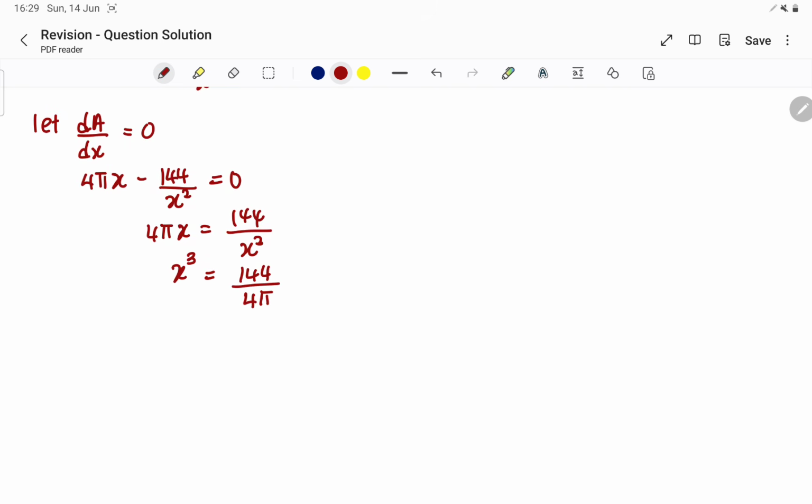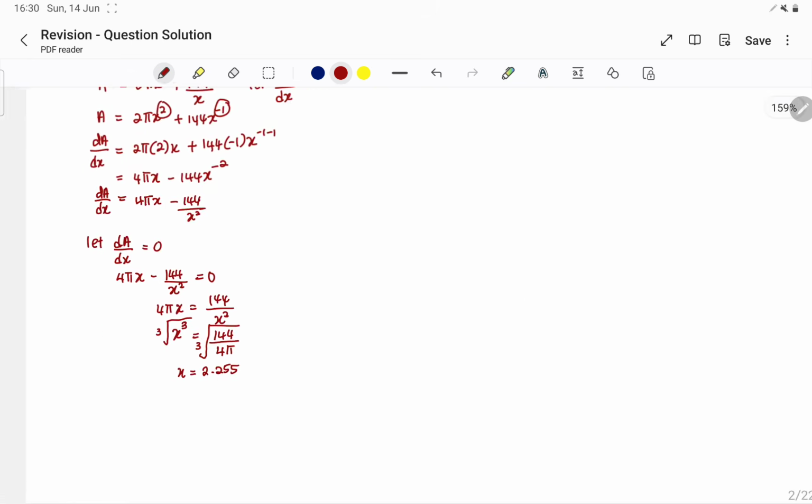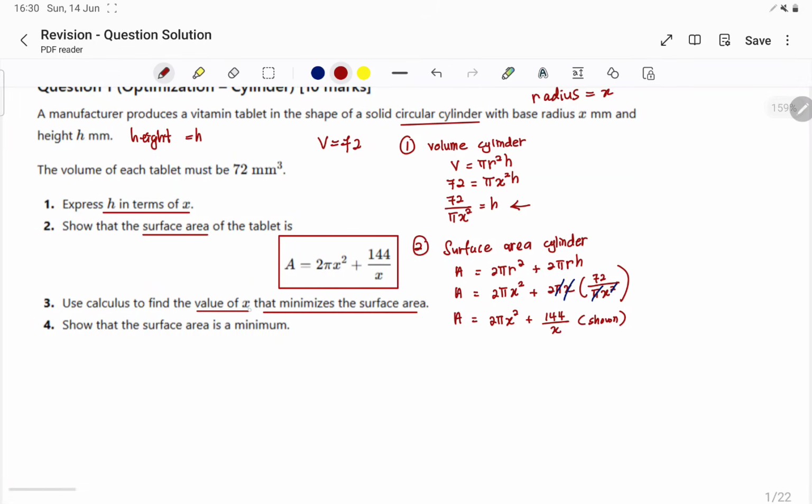Because we have x cubed, to find the value of x you cube root both sides. Then x is equal to 2.255. So that is the value of x that minimizes the surface area.